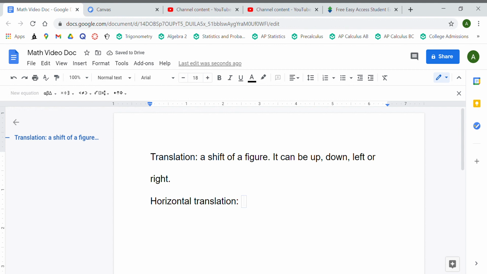A horizontal translation can go from this simple function f of x into something like this.